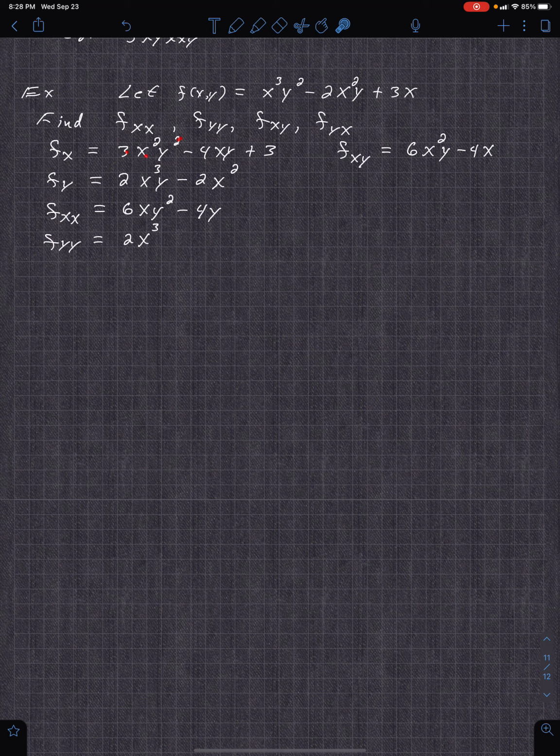You get the 6x squared y minus, and then this is 1, I'm sorry, 4x. And then that's a constant. And then now let's do partial f y then x. Okay, so do x now. And so you get 6x squared y and then minus 4x. So it's 6x squared y minus 4x.